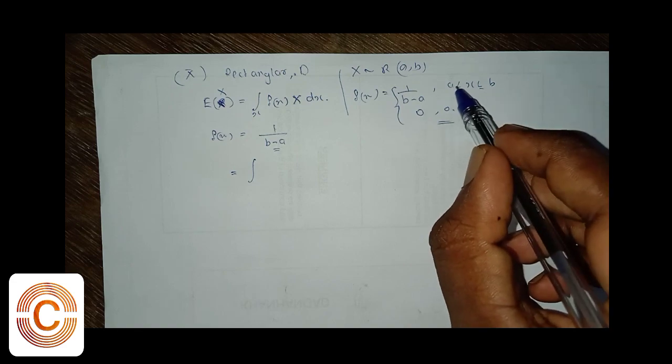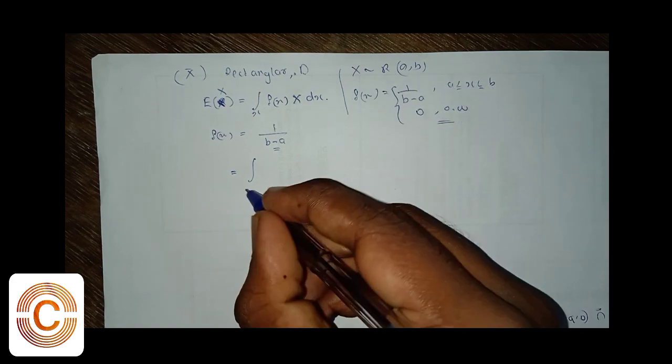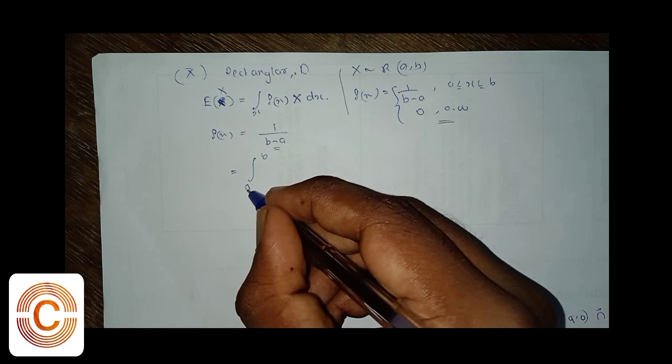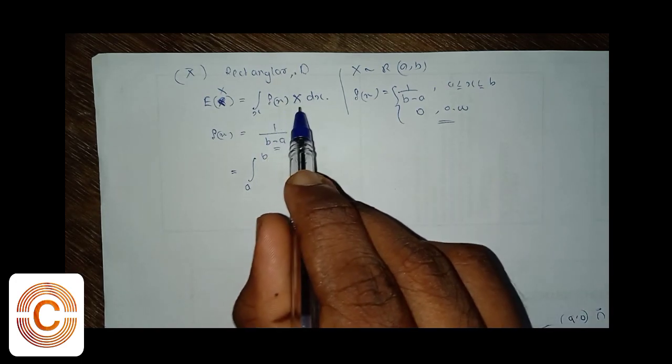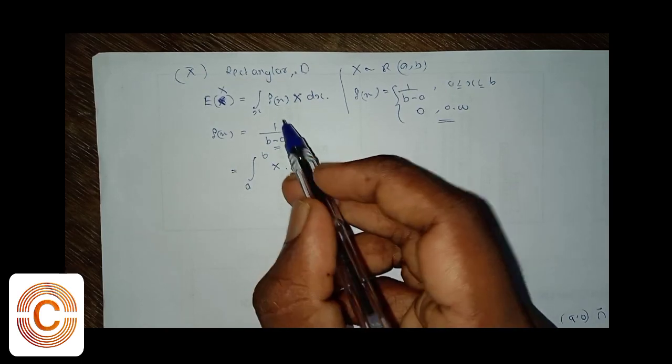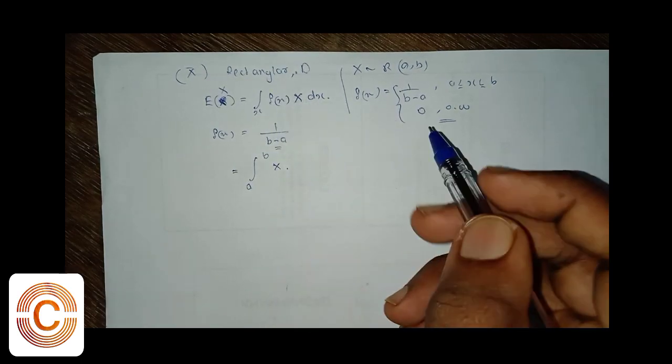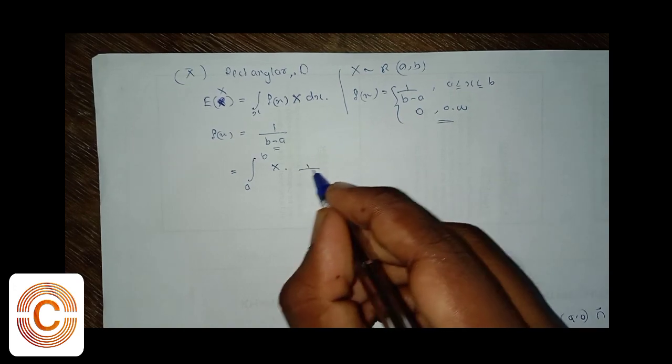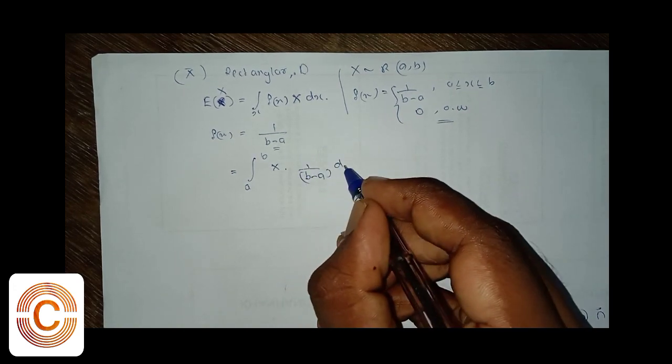So here the upper limit is b and the lower limit is a, that is the integral from a to b of x, the random variable, into f of x, which is 1 divided by b minus a, with dx.